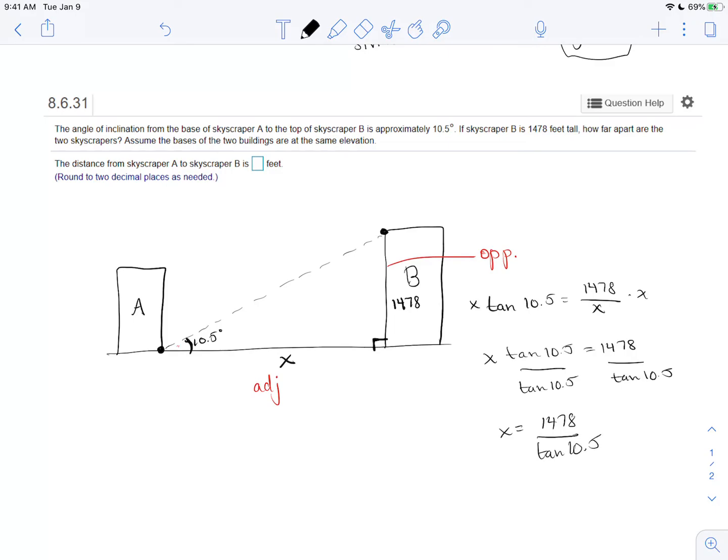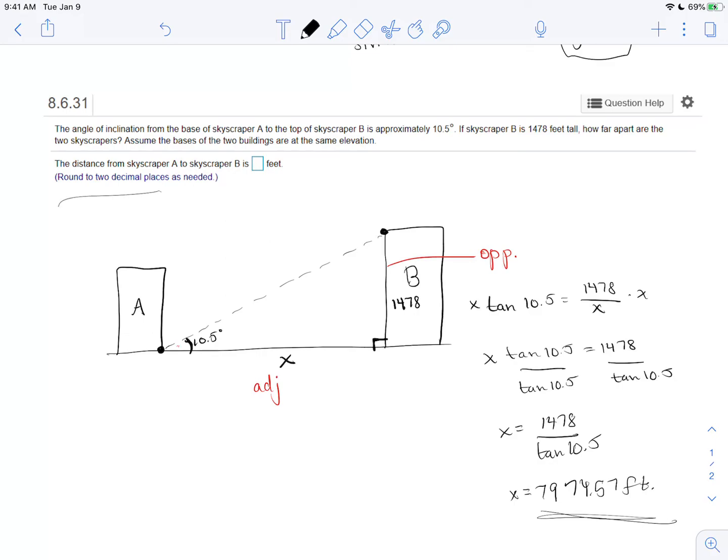At that point I can plug that into my calculator. And when I do that, I get that X is 7,974.57 feet.